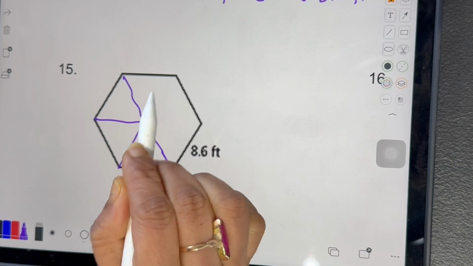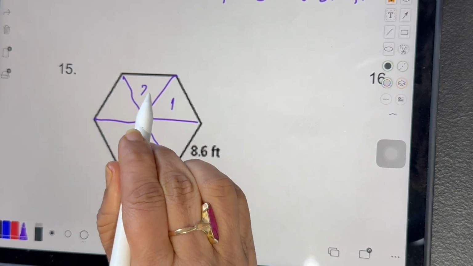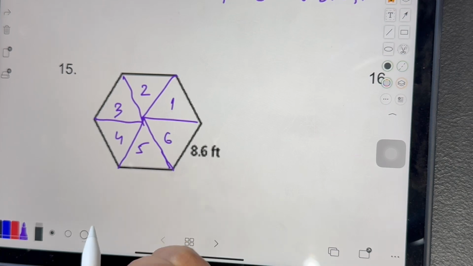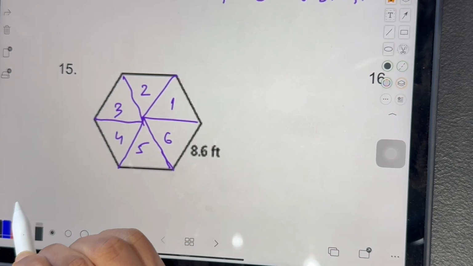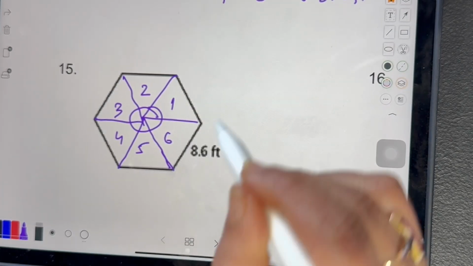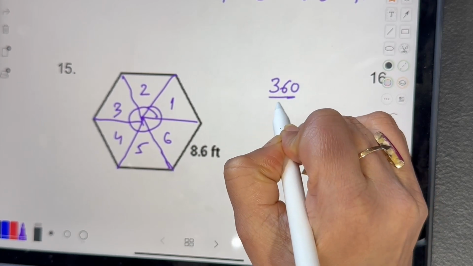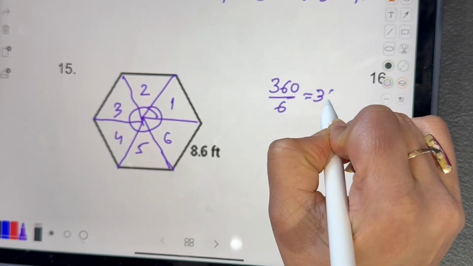How many triangles can I make? Because it's a hexagon, I can make 1, 2, 3, 4, 5, 6 triangles. So 6 triangles means the circle is divided by 6.